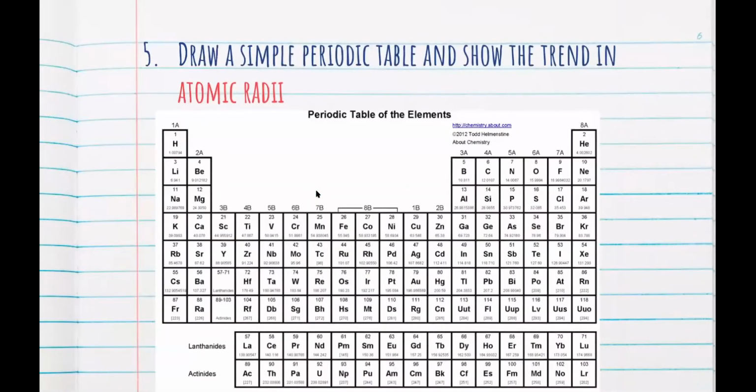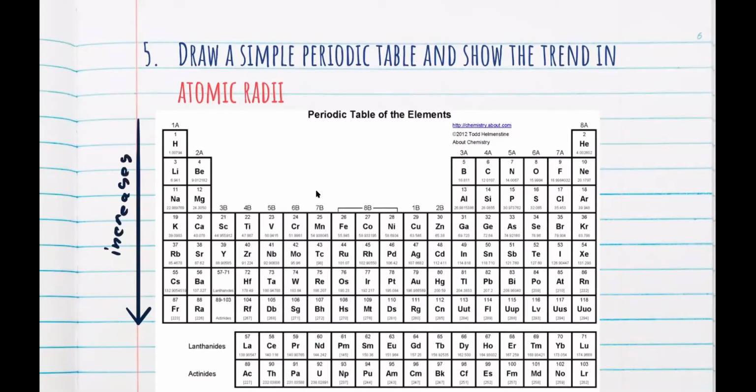So for 5, we need to draw a simple periodic table and show the trends of atomic radius. Mine is a little bit different than yours. Just kind of make yours look like mine. The main point is just adding the trends. So as we go down a group, our atomic radius increases.